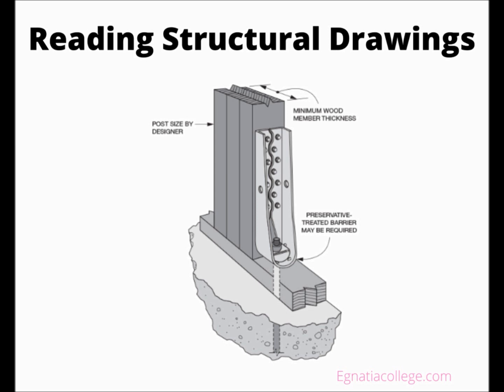Sheet S7.1 has a hold-down schedule, and this figure shows a typical hold-down assembly. Hold-downs are used to anchor the first-story walls to the foundation and resist the overturning forces discussed earlier. Hold-downs are manufactured in a variety of configurations. They can attach to a bolt embedded in the concrete or be set directly in the concrete.